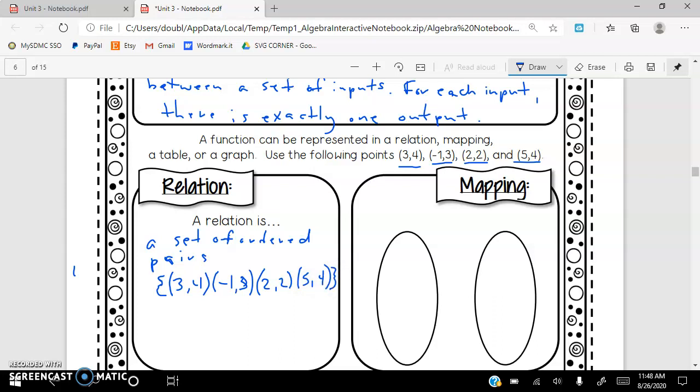So what I like to do when we have ordered pairs is label my x, y, x, y, x, y, and x, y. Okay? And the reason I do that is if there's a duplicate in x, meaning my x is the same number in any of the ordered pairs, it is not a function. Okay? So these are functions because we have a 3, -1, 2, and a 5. So there's no duplicates.